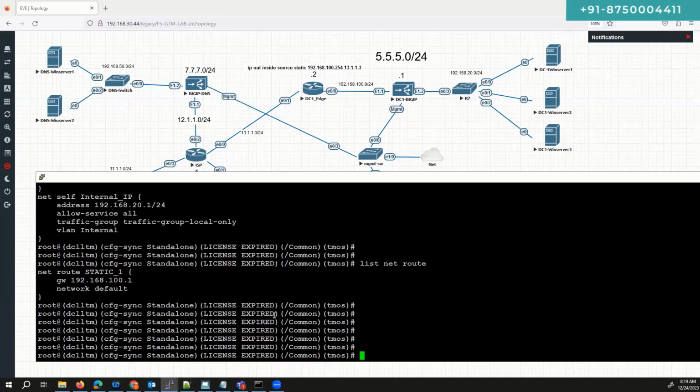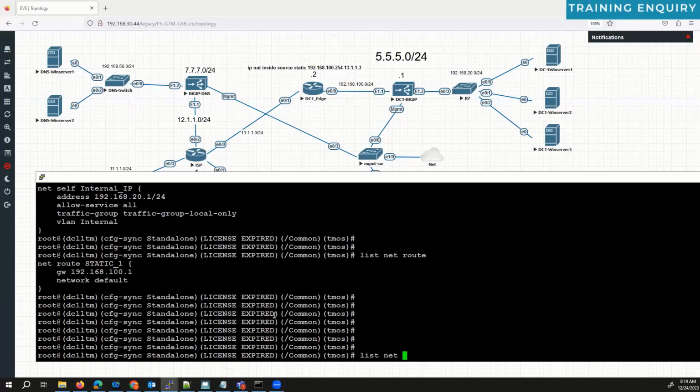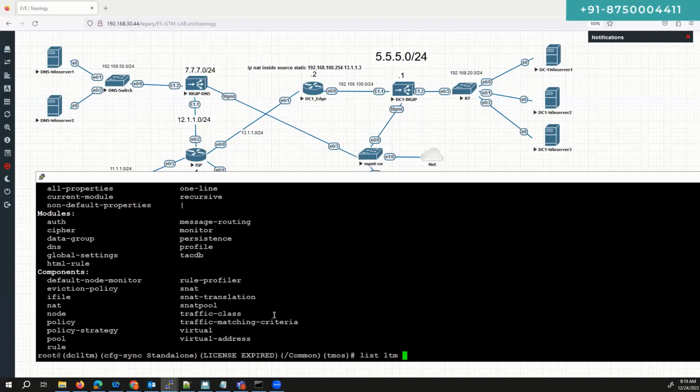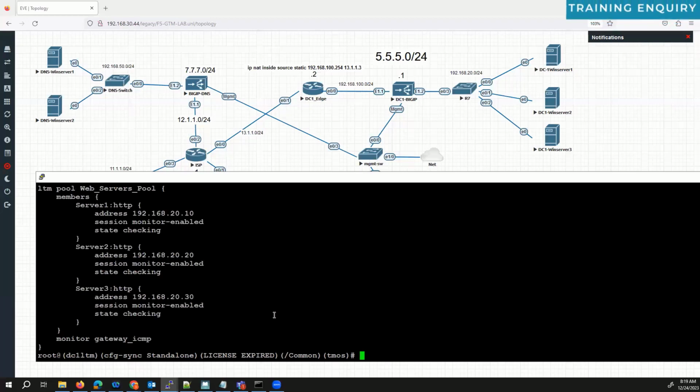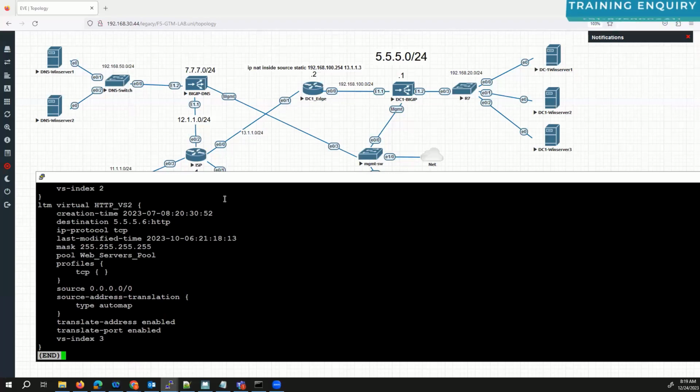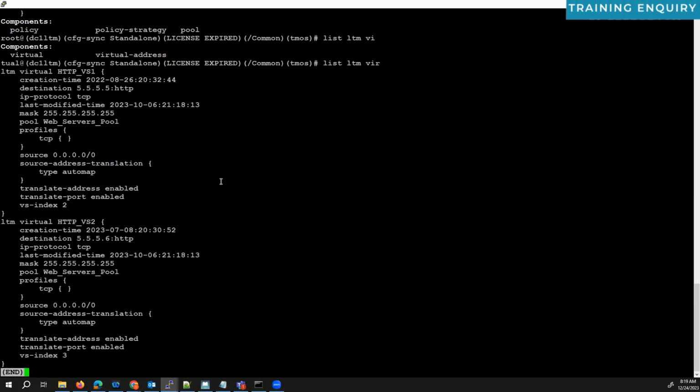But apart from that, you could also look at list LTM node, and then also you could look at the pool, and then also you could look at the virtual.